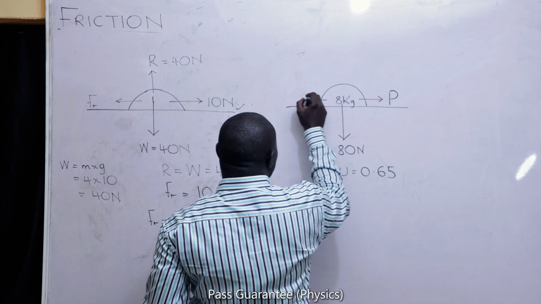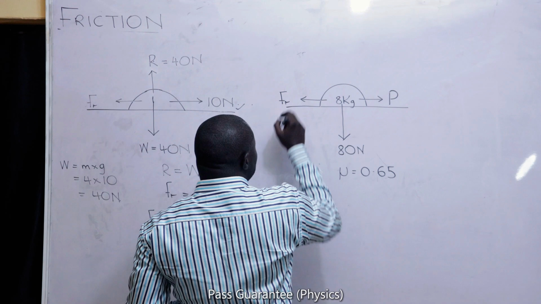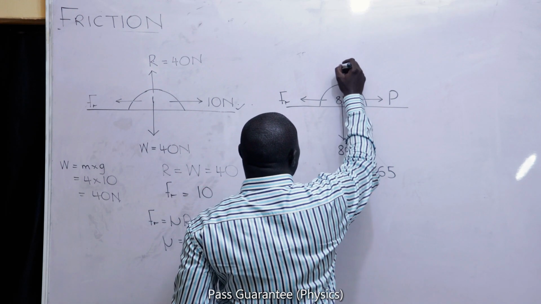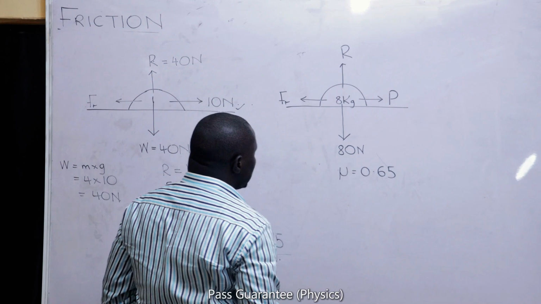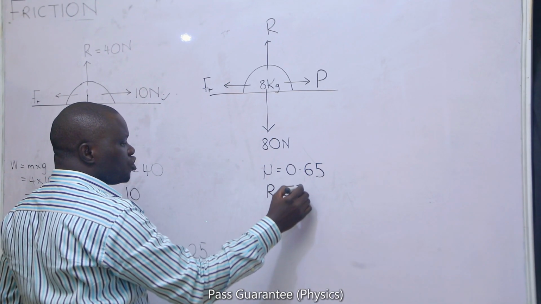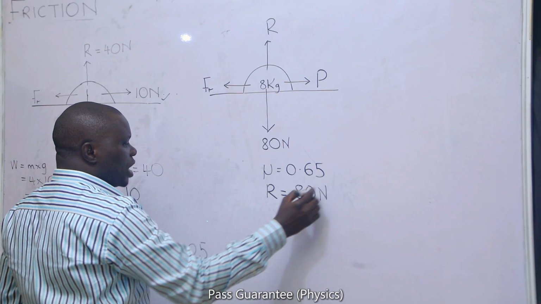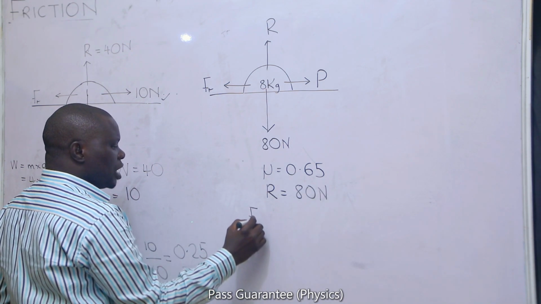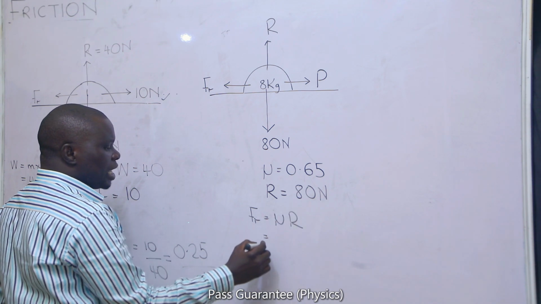If there's a horizontal force that is trying to move it, there must be a friction that is trying to prevent that. There will be a normal reaction that will eliminate the effect of the weight. So we expect that the normal reaction in this question will be equal to 80. It will be equal to the weight, directly opposite the weight. So we can find the friction clearly as mu R. When you know mu, you can get friction.